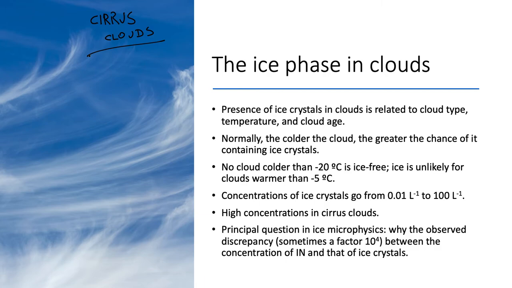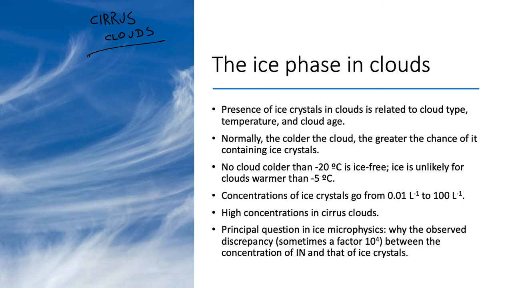And they live really, really high in the atmosphere. These are also clouds that are formed from contrails, essentially. Ice crystals in clouds are interesting because there exist different phases of ice, so different crystal structures, if you will.